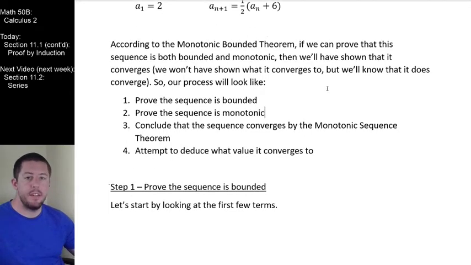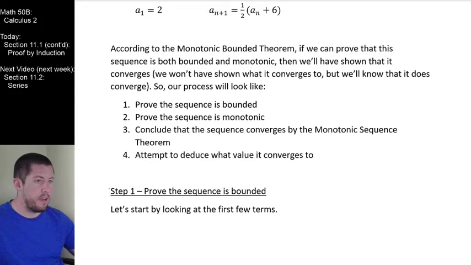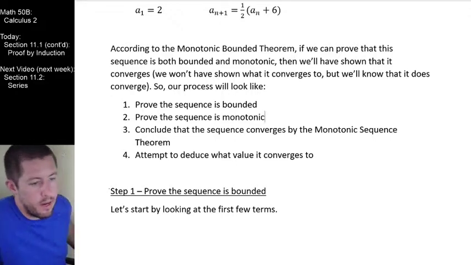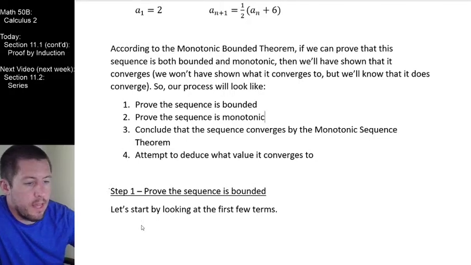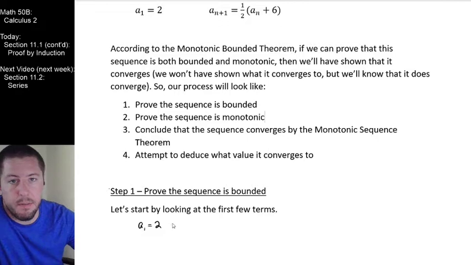So we've got our definition of the sequence up at the top of the screen. Let's start by looking at the first few terms. I just want to plug in some numbers and see what we're going to get. The first one is easy. I can see that a sub 1 is equal to 2. I've literally been given that piece of information.